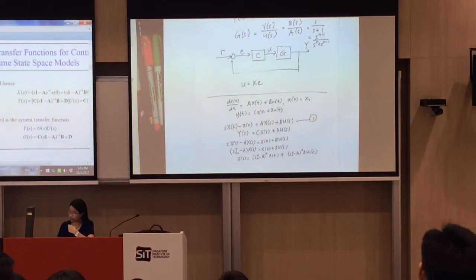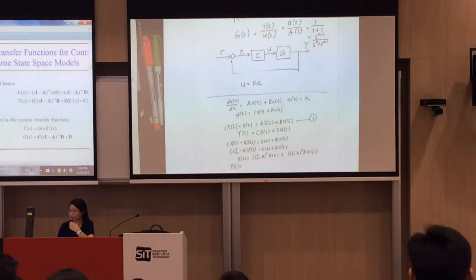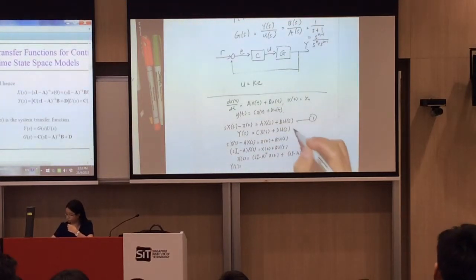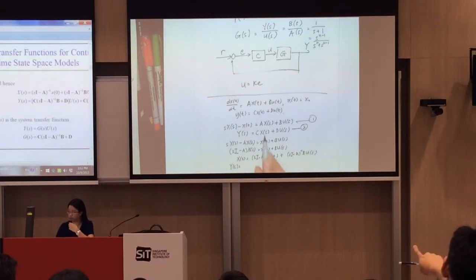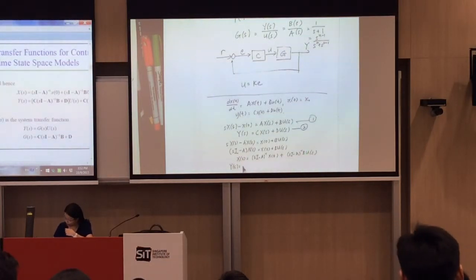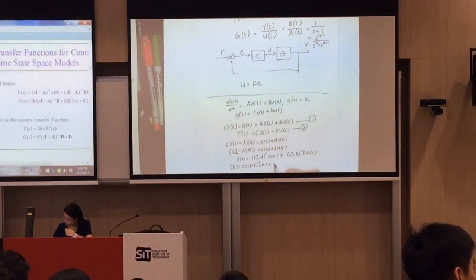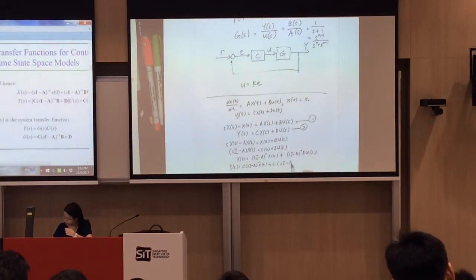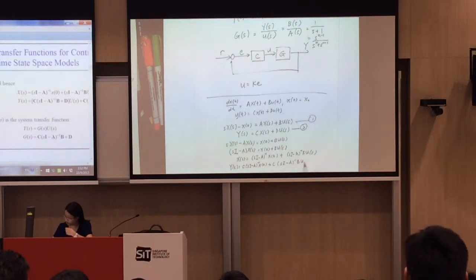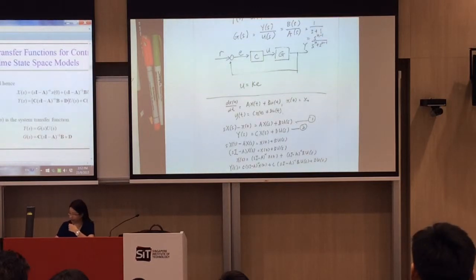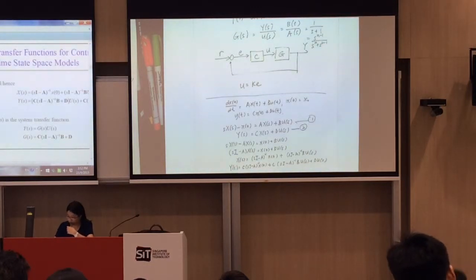And what is the output Y(s)? It is obtained by substituting X(s) back into equation 2. We get C (sI minus A) inverse B U(s) plus D U(s).